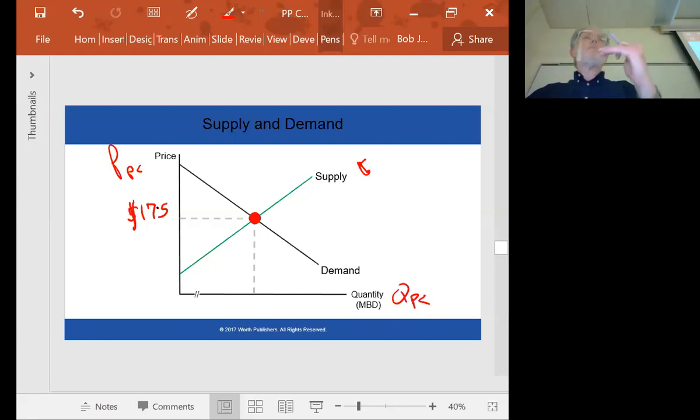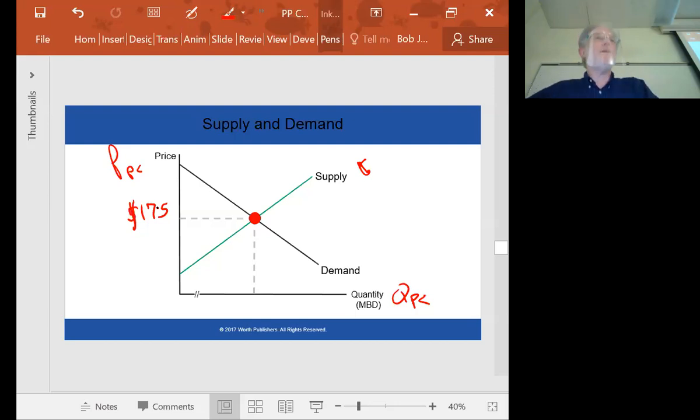Producers can produce the product at a lower cost than before. I want to know what is going to be the impact in this market. Which curve is going to shift as a result of this technological change? Supply.